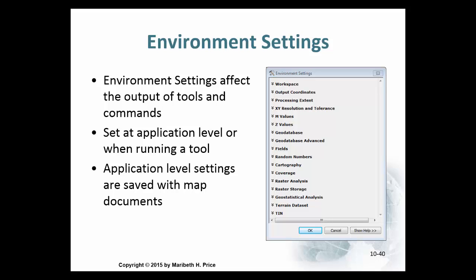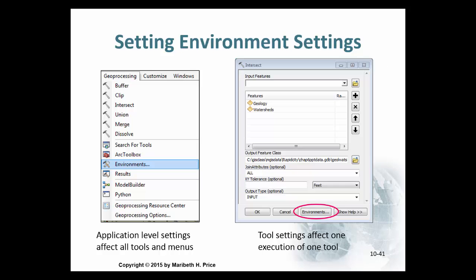Setting the default environment settings can help you save some time. These settings are saved with the map document. The geoprocessing environment can be set from the pull-down menu or by picking the Environments button on the geoprocessing tools.